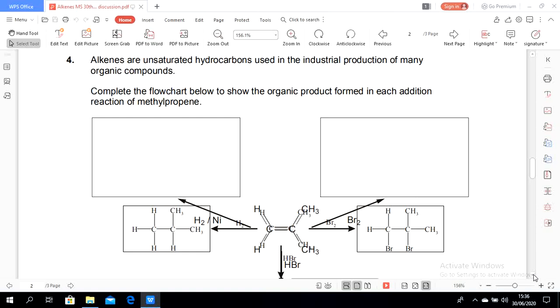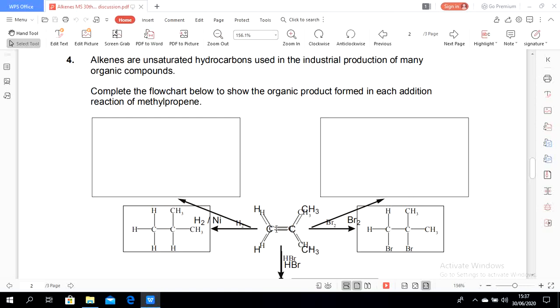So, methyl propene with bromine will become 1,2-dibromo-2-methylpropane. Okay, so forming this structure.